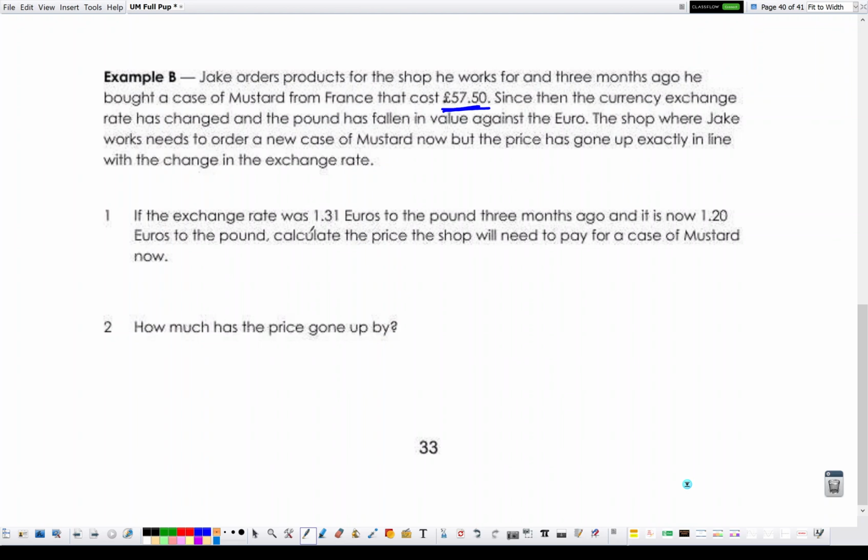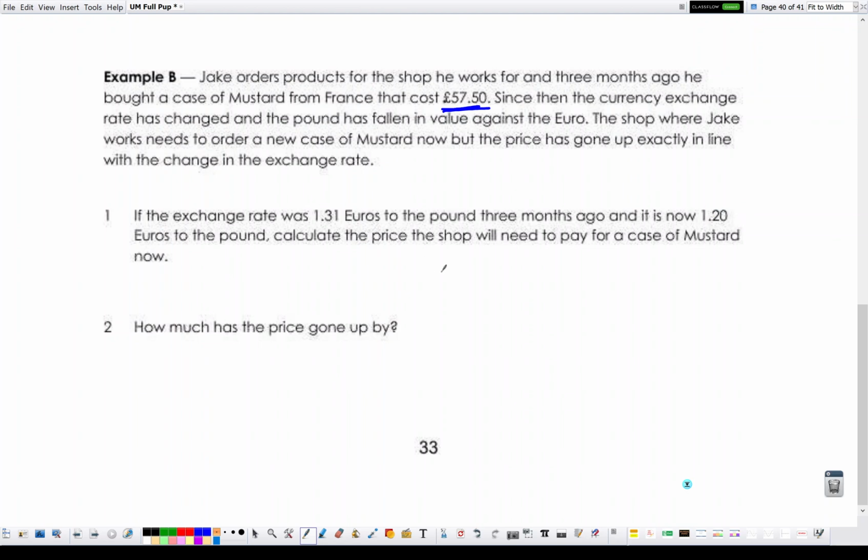So the exchange rate was 1.31 euros to the pound, and it's now 1.2. What that 1.31 euros means is that for £1, if you exchanged it, you would get 1.31 euros. But it's changed to being, if you exchange £1, you only get 1.2 euros.